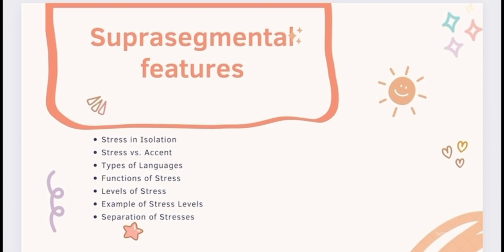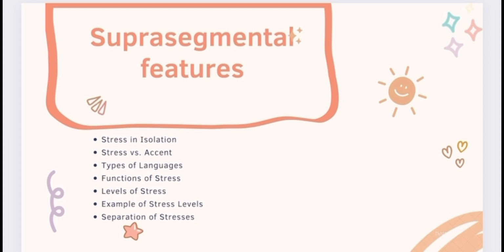Some are tonal languages, where pitch differences distinguish words. English, on the other hand, has a stress-based accent system. Function of stress: it plays a meaningful role in English, impacting various aspects of language, including morphology, syntax, and discourse.